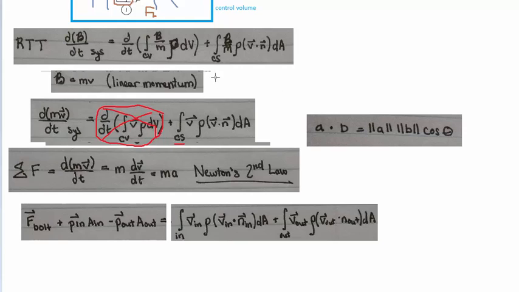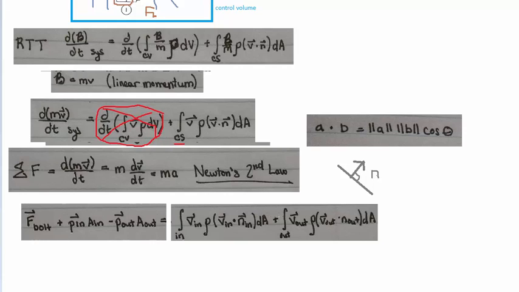Okay, the other thing we need to talk about is this n vector over here. This guy is what we call a unit vector. Now you should know what a unit vector is by now. It is a vector with length 1. The other important thing is that this guy is normal to the area that we're looking at.